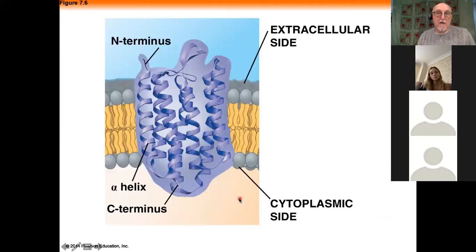When we look at the structure of these proteins that are associated with the membrane, those which span the whole membrane are called the transmembrane proteins, or the integral proteins. This is a typical example here. All of this area of the protein must be hydrophobic.